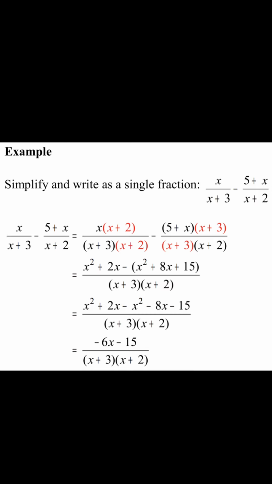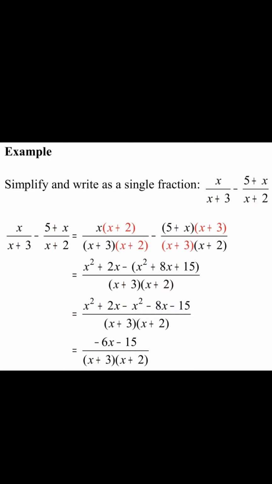So the third line, they simplified that even further by eliminating the brackets at the end. You can see that the sign changes because of the elimination of the brackets. And so you have x squared plus 2x minus x squared.